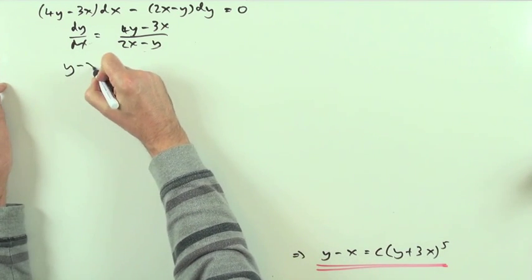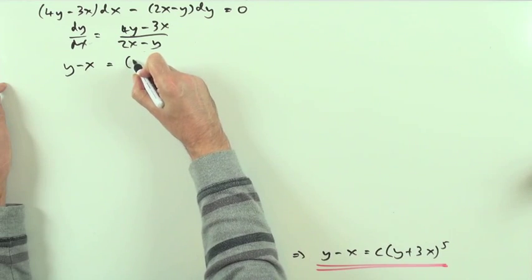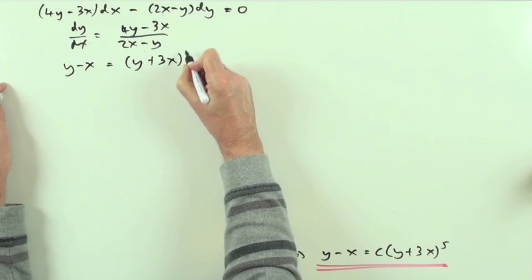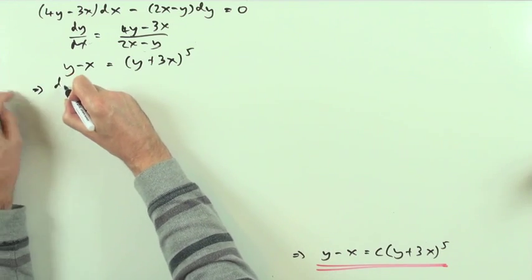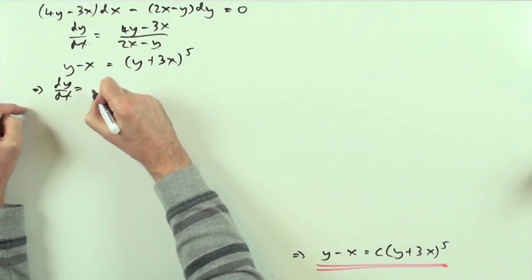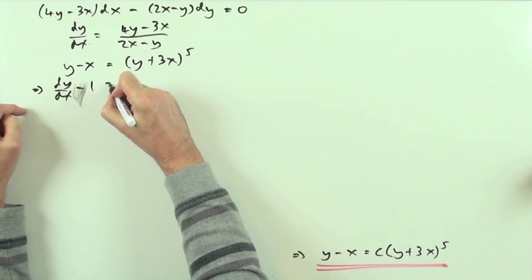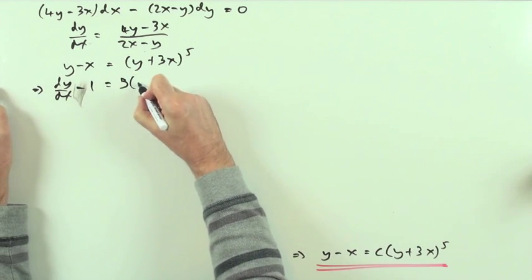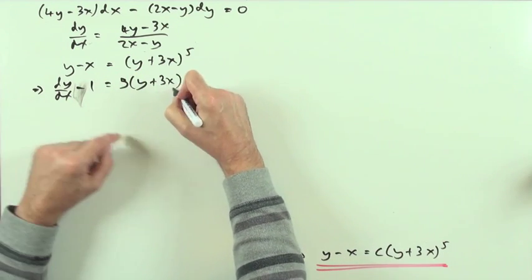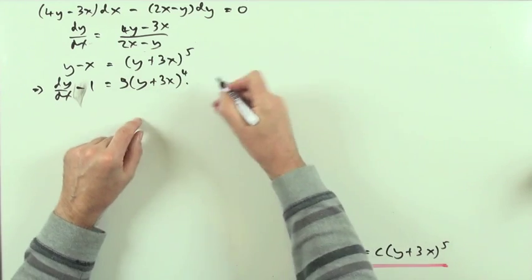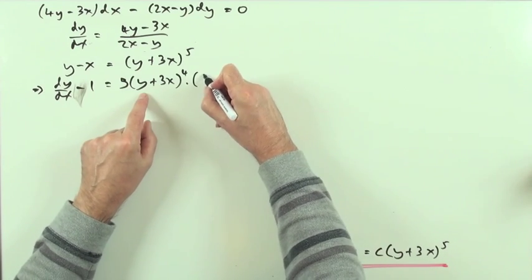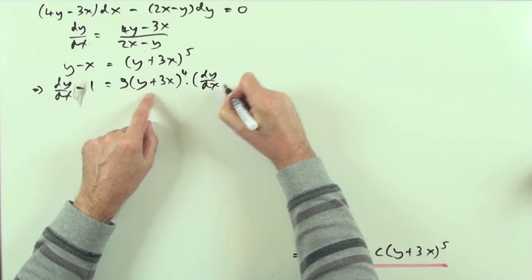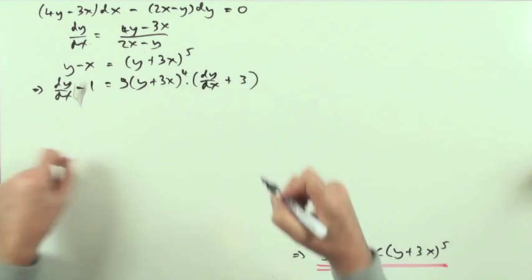So I've got y minus x is equal to y plus 3x to the power 5 differentiated. So differentiating this side, dy by dx minus 1 would be 5 times y plus 3x to the power 4 multiplied by the derivative of the inside, which is going to be dy by dx plus 3.